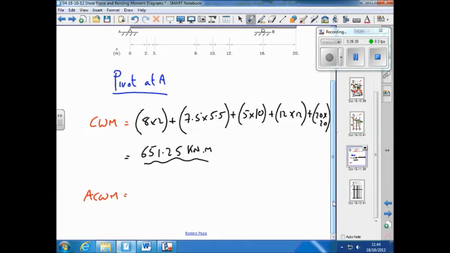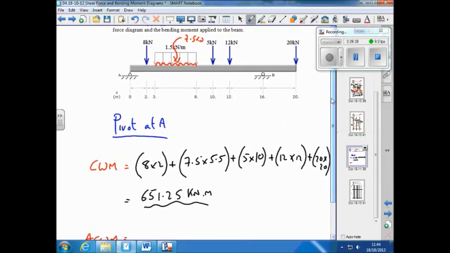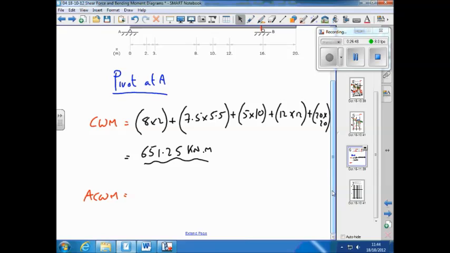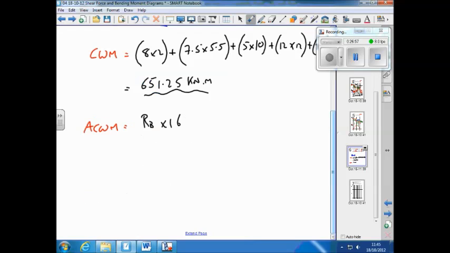So the only one acting anti-clockwise is the reaction at B. So reaction at B times 16. So therefore, clockwise moments equals anti-clockwise moments.